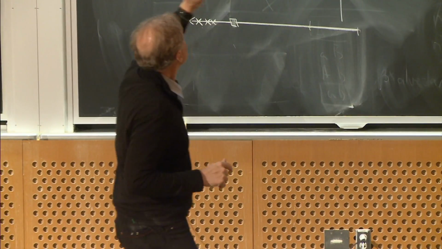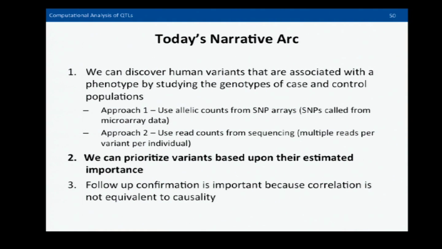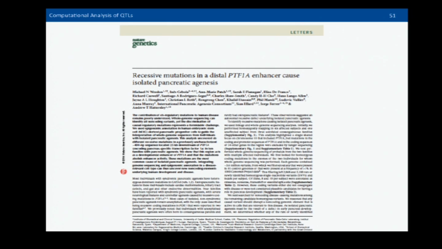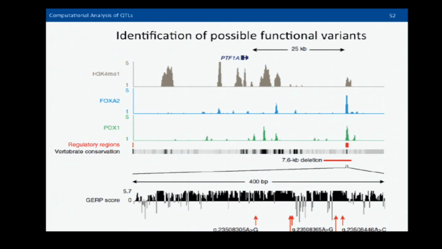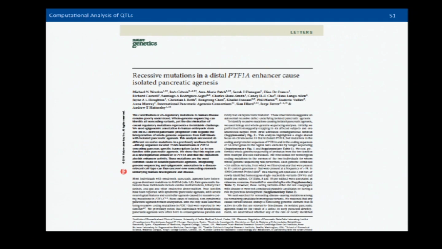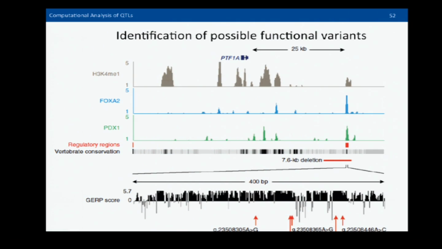Let's talk now about how to prioritize variants. And I just wanted to show you a very beautiful result that is represented by this paper, which came out very recently. And here's a portion of the genome, and we're looking here at a pancreatic disorder, and there's an enhancer on the right-hand side of the screen where that little red square is.